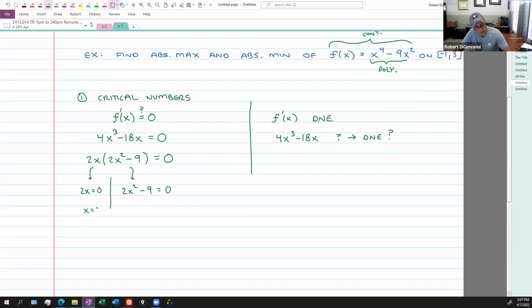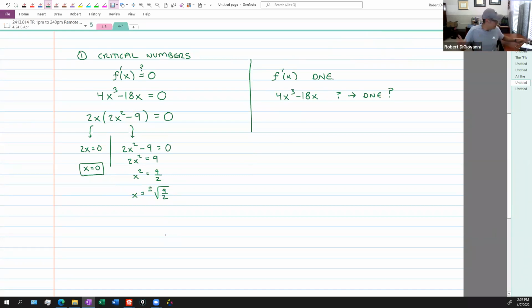This one, the only answer is 0. And then here, I'm going to have to move the 9 to the other side. I'm going to have to divide both sides by 2. And then I'm going to take the square root on both sides. And because I'm taking the square root, I have to do plus or minus the square root of 9 over 2.